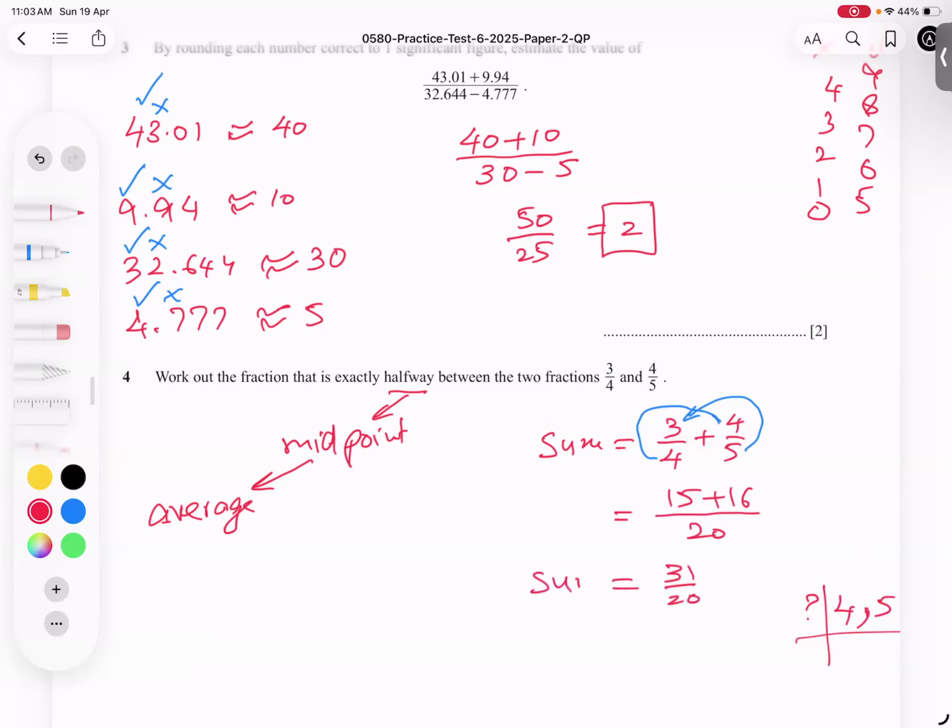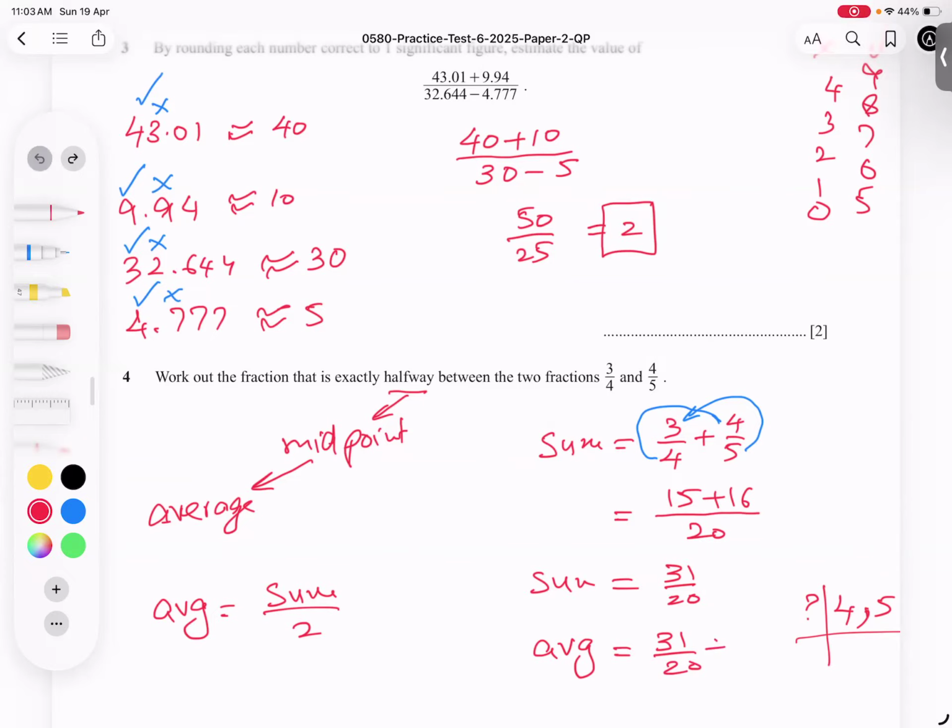This sum is coming. So basically, what is the average formula? The average formula is very clear. Sum of the values divided by 2. So when I divide by 2, what I can say is the average or mid, we can say half or average. So this 31 by 20, some people do it like this. A lot of chance of mistake, but I'll tell you both ways. The best way is dividing by 2 like this, also okay.